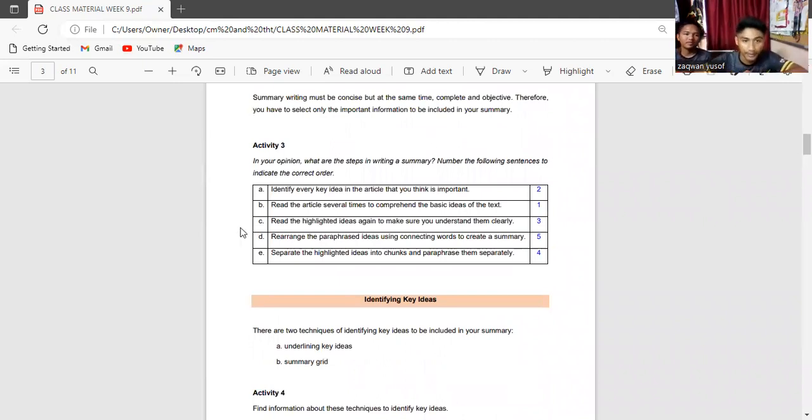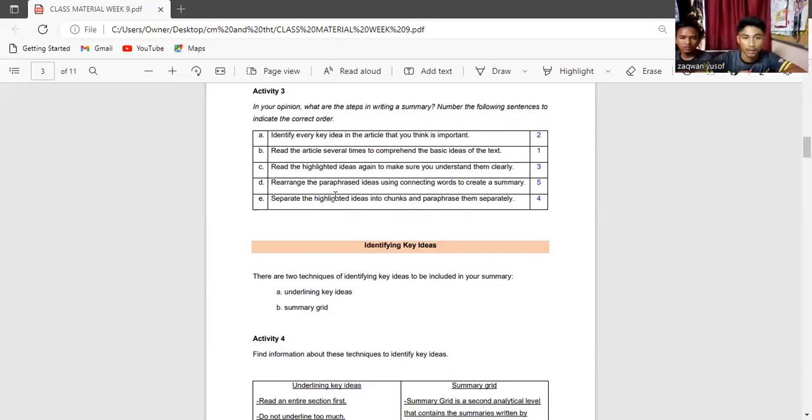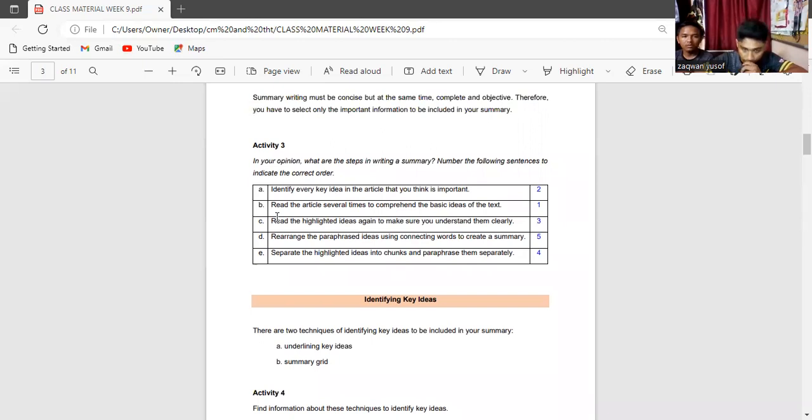Activity 3. In your opinion, what are the steps in writing a summary? Number the following sentences to indicate the correct order. A: identify every key idea in the article that you think is important.